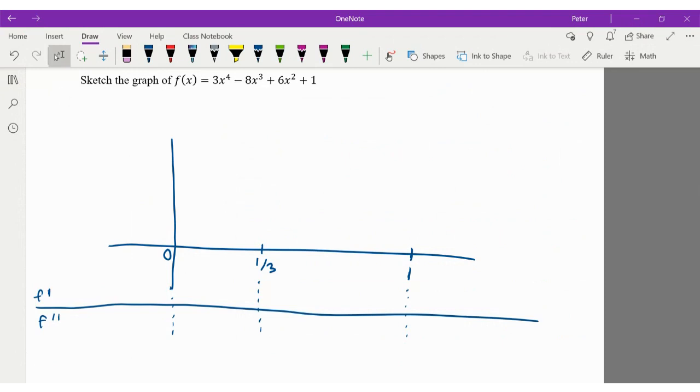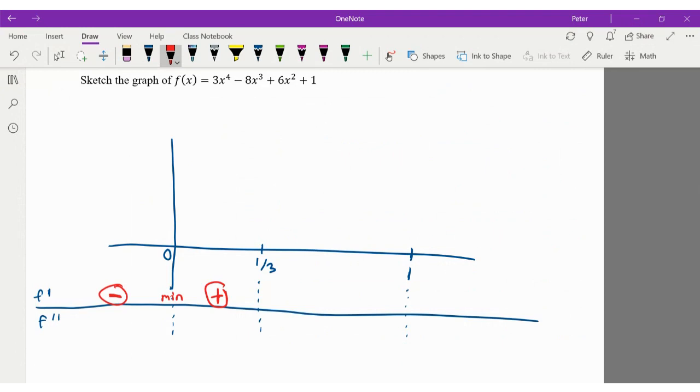What we found was that this point was a minimum. If it's a minimum, then it must have been decreasing into that point. So we must have gotten a negative first derivative there and a positive first derivative here, because that's what it means for it to be a minimum. It means that it's negative on one side and positive on the other.